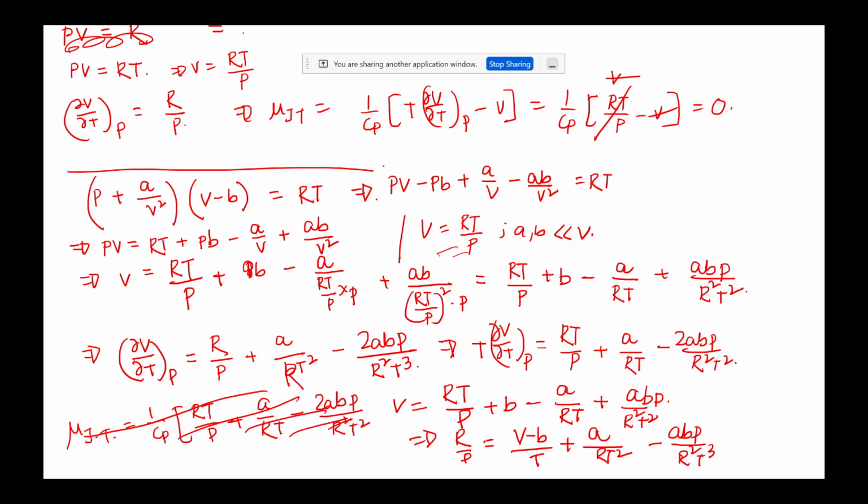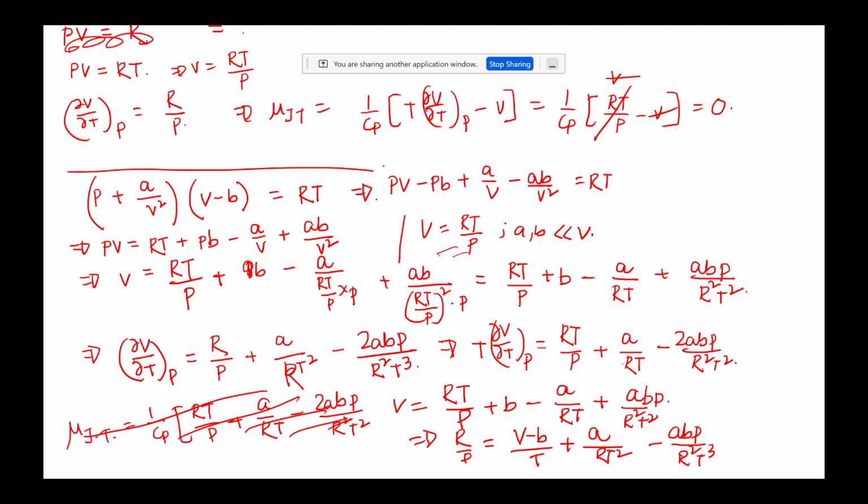Now substitute this R by P here, and you can get the full expression. If you multiply by T, then this will cancel out, and this A by RT and this A by RT will add up, and we can write it in a good fashion.